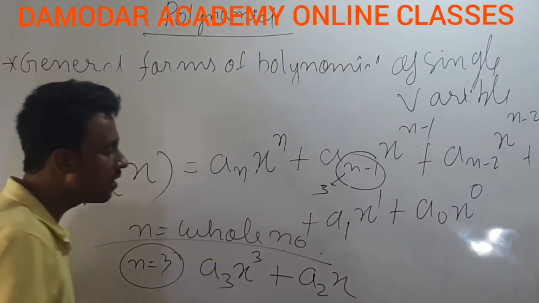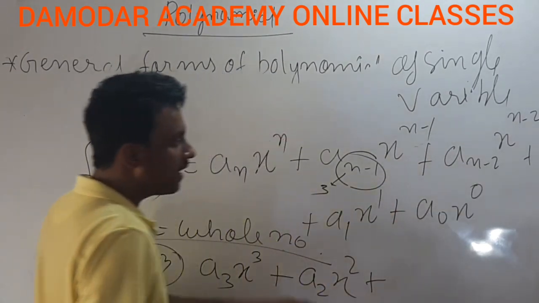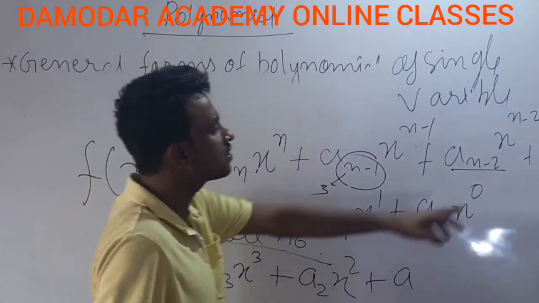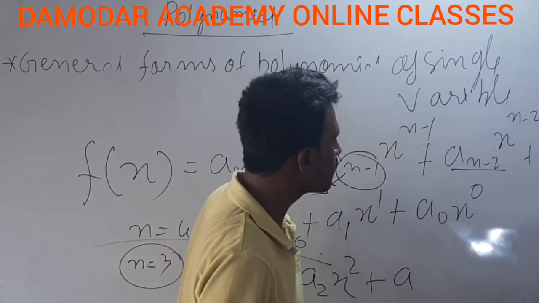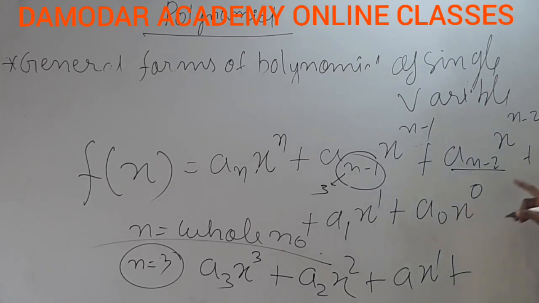Where n is 3, n minus 2 is 3 minus 2 which is 1, so a_1 x to the power 1 plus. अब आगे क्या लिख सकते हैं a_(n-3) into x raised to power n minus 3 लिख सकते हैं ना. तो अब n minus 3, 3 minus 3 क्या होगा a_0 into x raised to power 0.